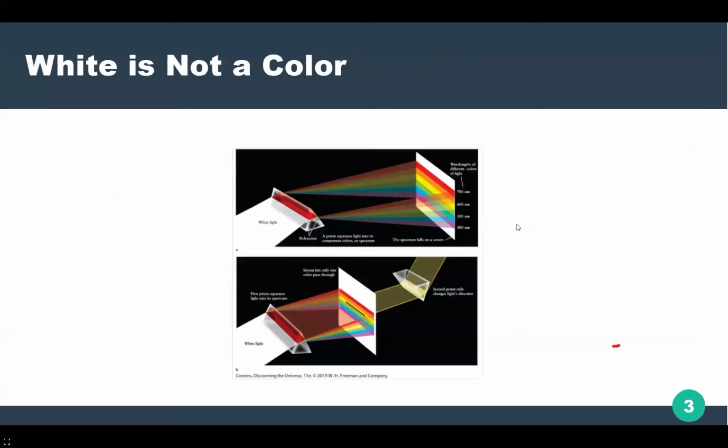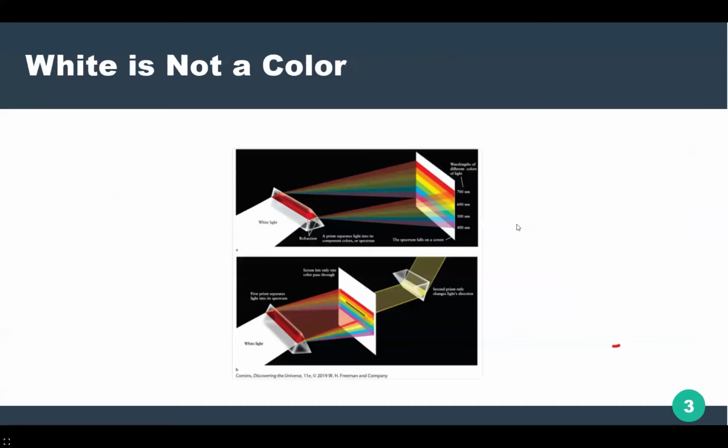So as you see in the first of these diagrams, when you take white light and put it into a prism, the prism will cut the light into different colors that are spread out across a screen that you place there.